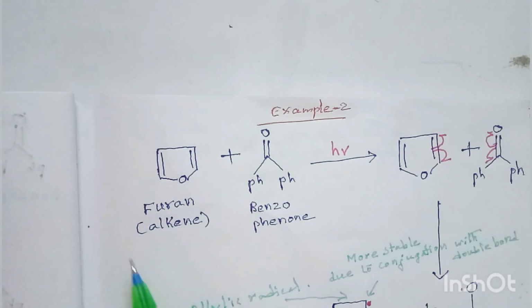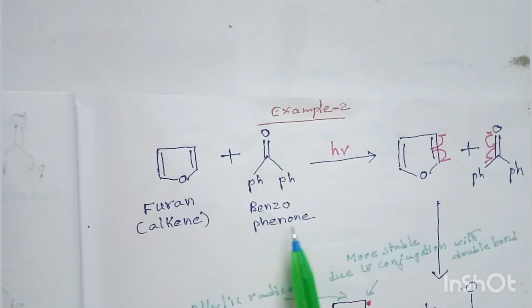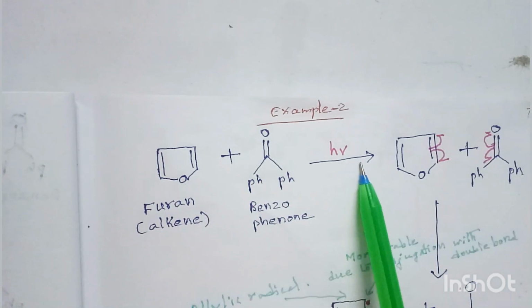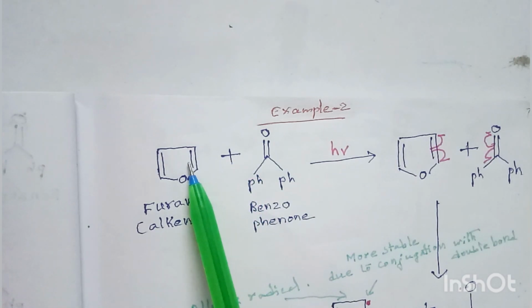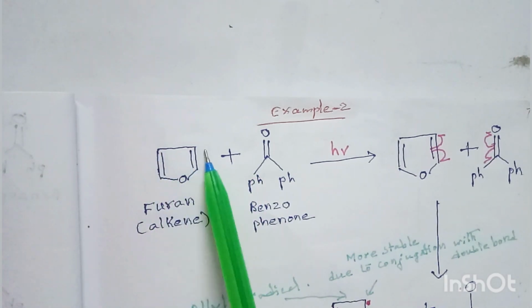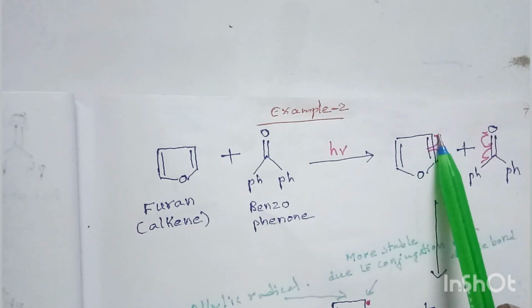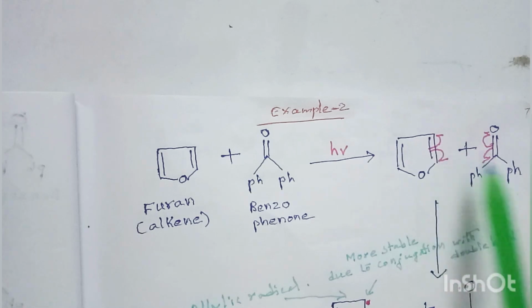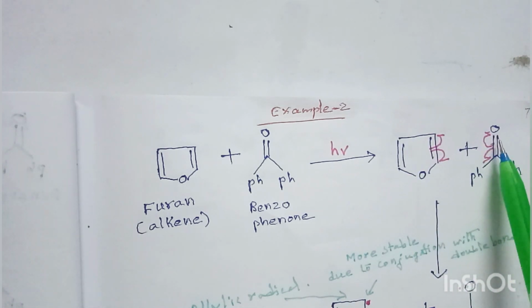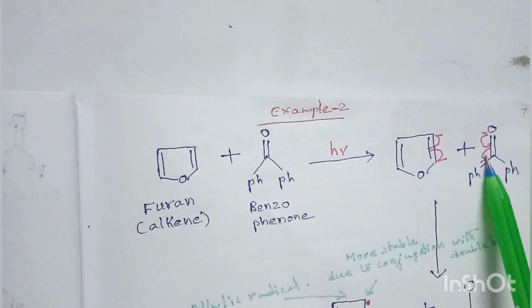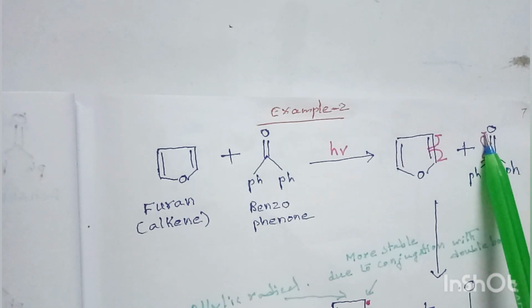It has two double bonds. This is benzophenone. In presence of UV light, one of the pi bonds will cleave to give us a radical here and a radical here. This pi bond cleaves to form a radical here and a radical on this oxygen atom.